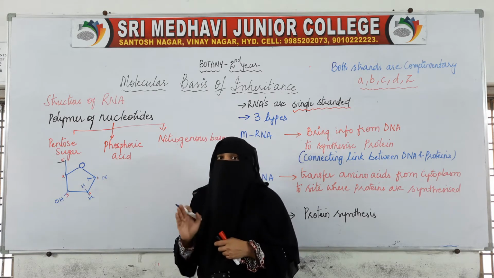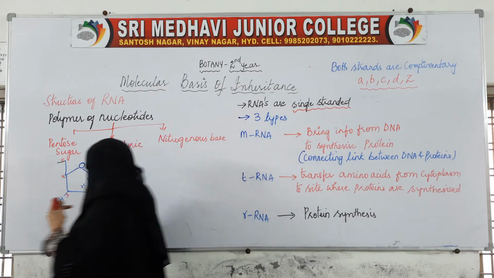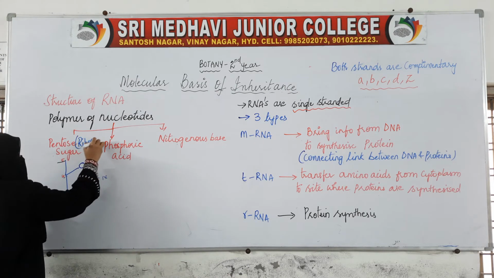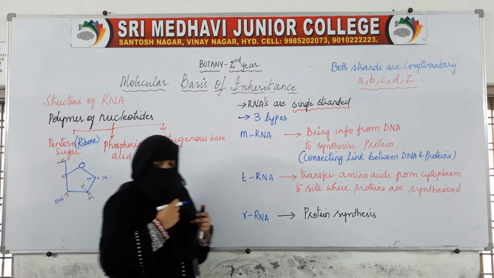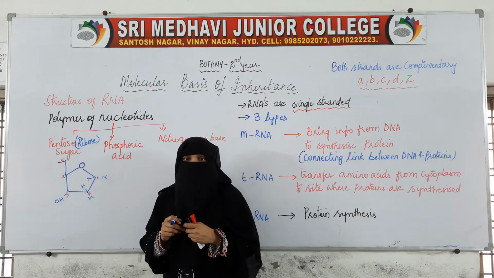In this pentose sugar of RNA, which sugar will we find? Ribose sugar. In DNA it was deoxyribose, in RNA it is ribose sugar.